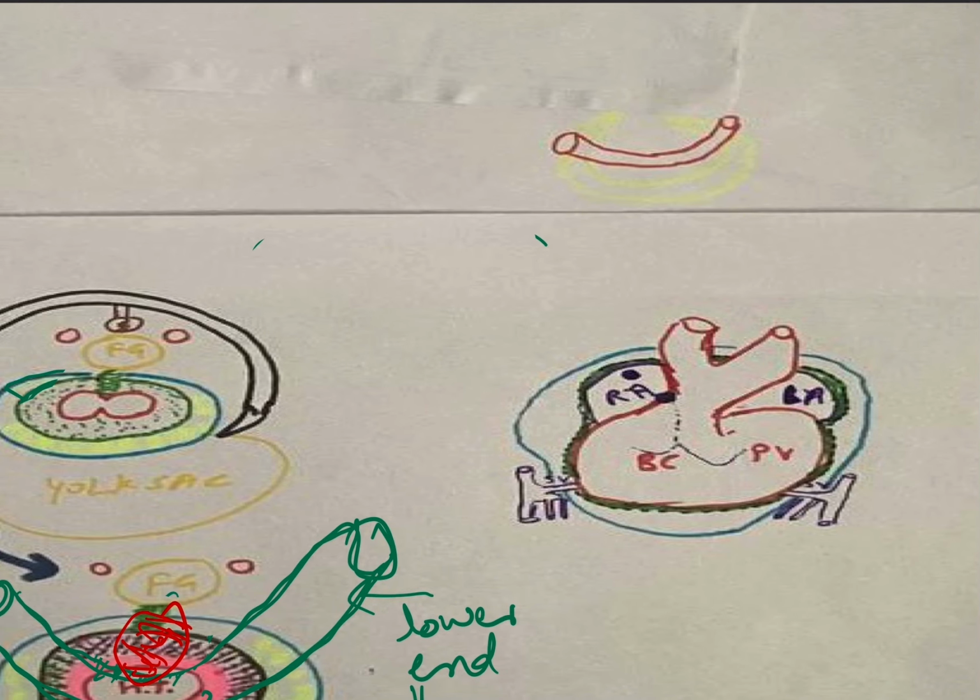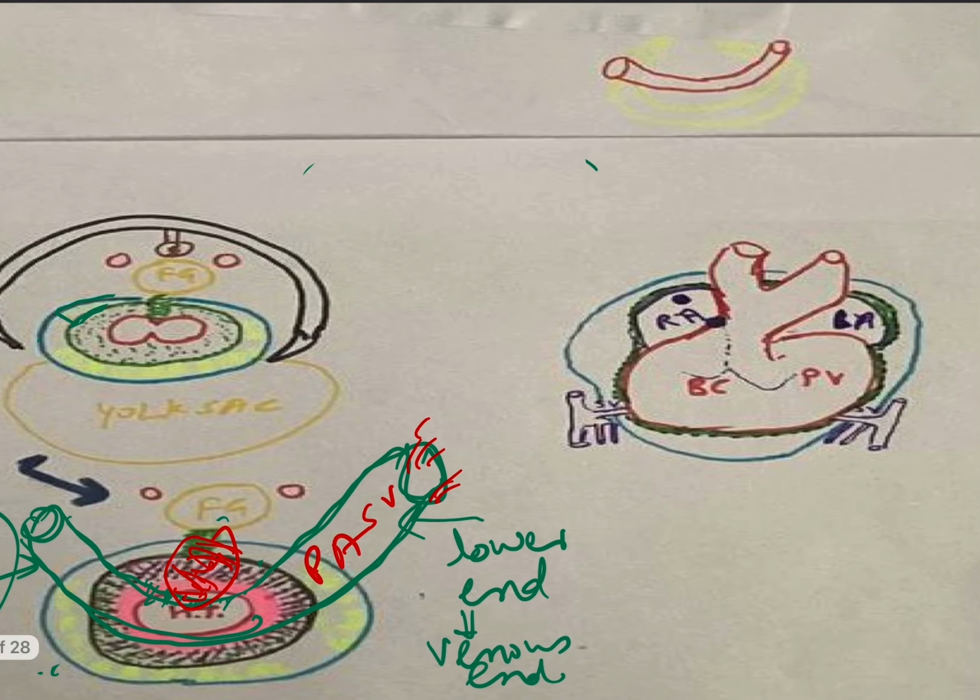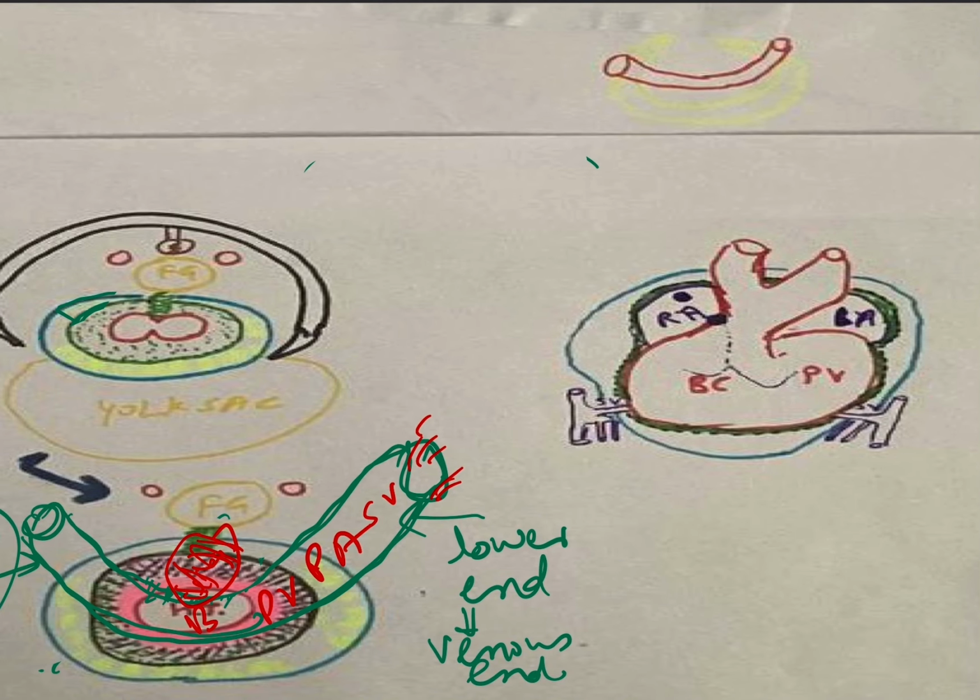You are now aware that the lowermost part is the sinus venosus, and this is the primitive atrium, then primitive ventricle, bulbus cordis, then truncus arteriosus. After folding or looping of this tube, this forms the four-chambered heart.